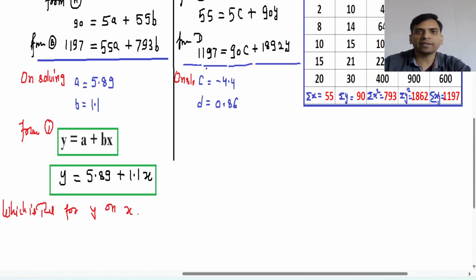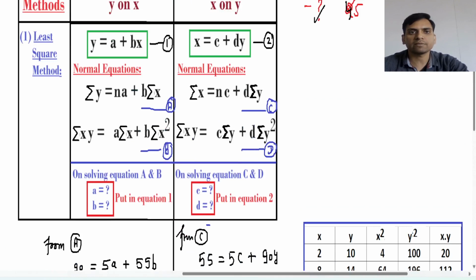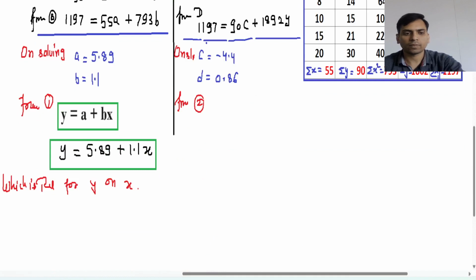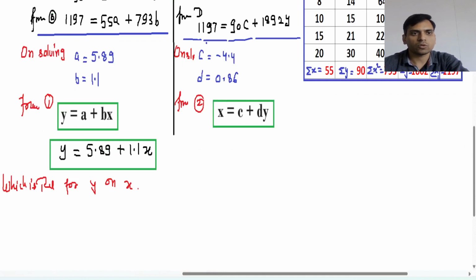Now in the same way we will find relation for x on y. So we will put these values in equation 2. From equation 2, this equation is x equal to c plus dy. I will copy this equation. So I am putting values. x is equal to c, C is equal to minus 4.4, so we will put minus 4.4 plus d into y. d is 0.86 and multiplied by y.